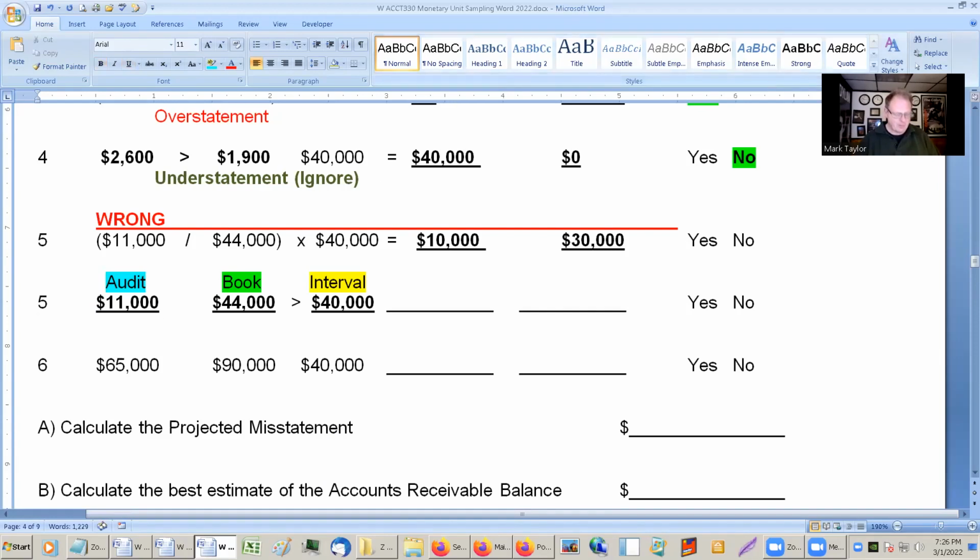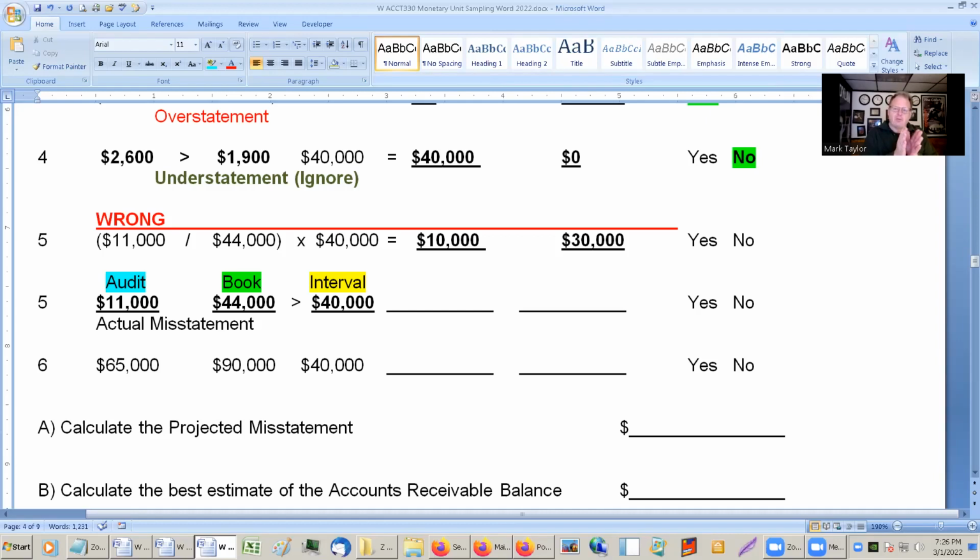What's the actual misstatement on item number 5? You audit it, you say it's worth 11,000.